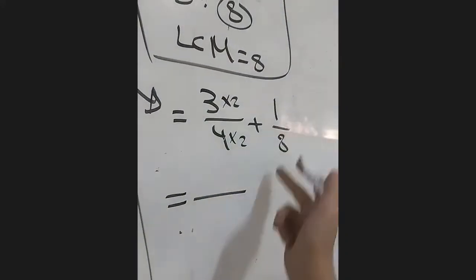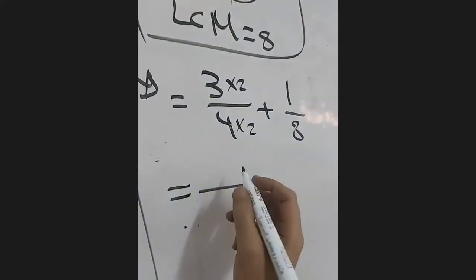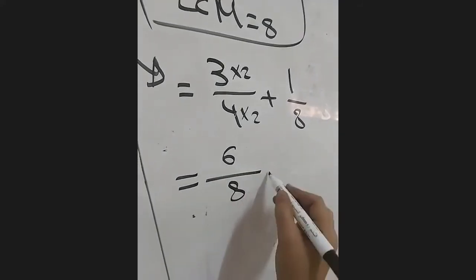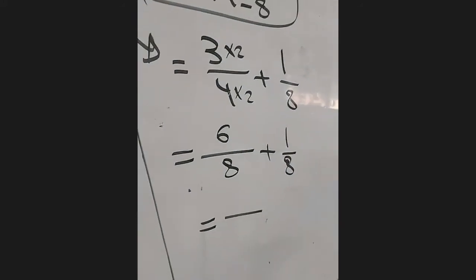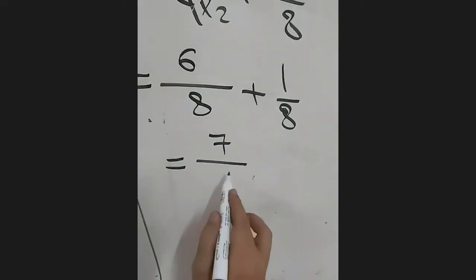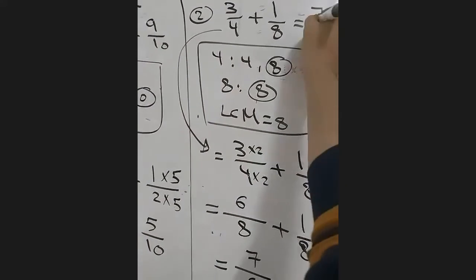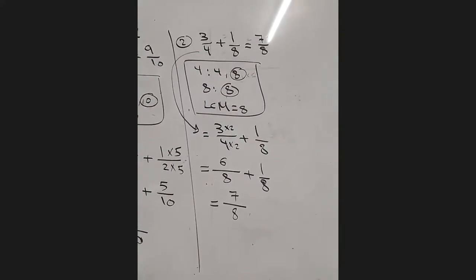Ahmed, focus with me. 3 by 2, how much, Muhannad? 6. 6/8 plus 1/8 will be 7/8. We add up: 7. We don't add down. We take one number, 7/8, and write the answer here. Do you understand? Yes.